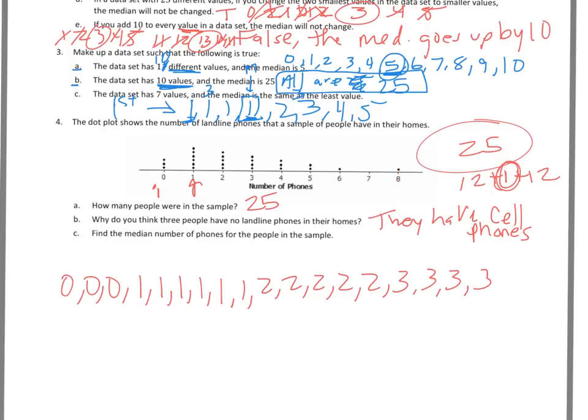And I got to go to 13. Because the 13th value, in order from least to greatest, will be my median. So there's 3, 2, 4, 6, that's 9, 10, 11, 12, 13. So it's going to be 2. My median is going to be 2. So that's what the median set for these is.